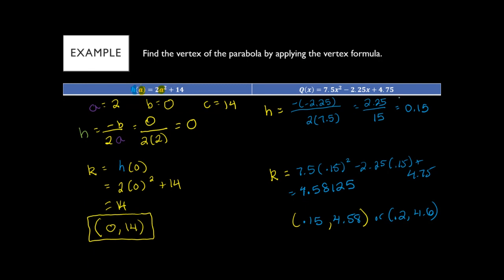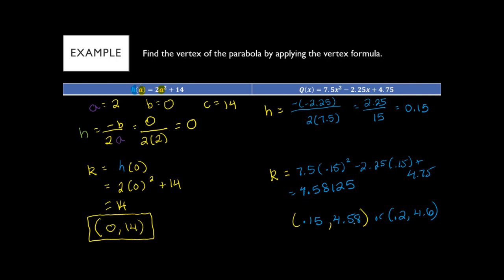In math, we usually go with the largest number of decimals, so it's sort of the opposite of chemistry and science classes. So we would use 2 decimals because that's the most number of decimals we have in our problem here. So we would round to 0.15 and 4.58.